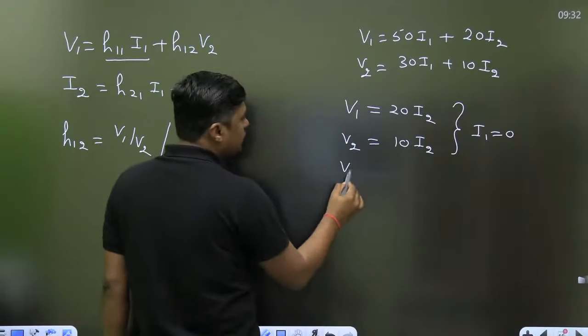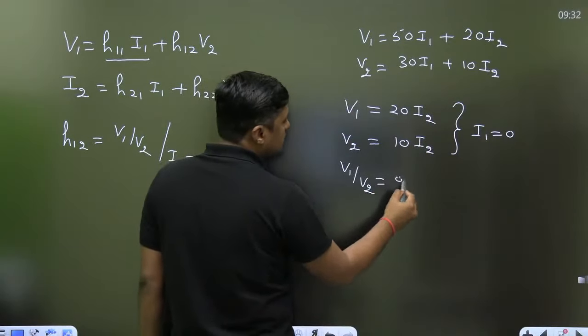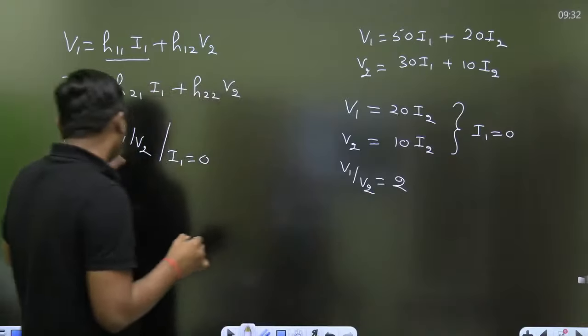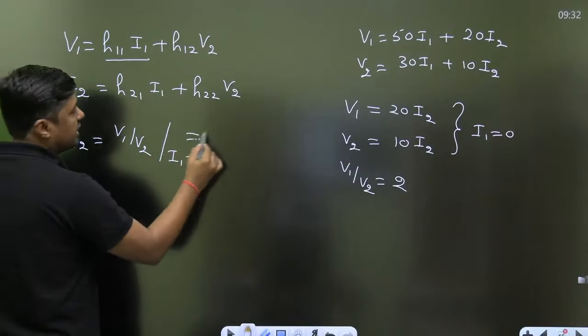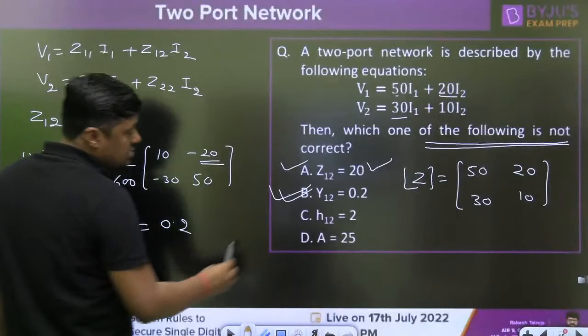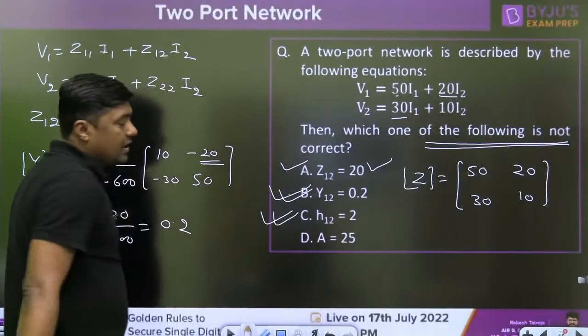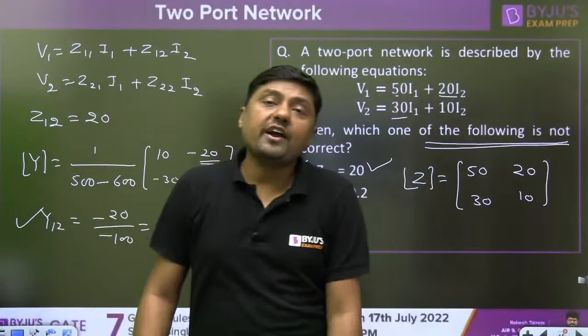Divide these two equations, V1 by V2, that is nothing but 2. This is the value of H12 with I1 equal to 0, so that is also correct. In this way we can find the value.